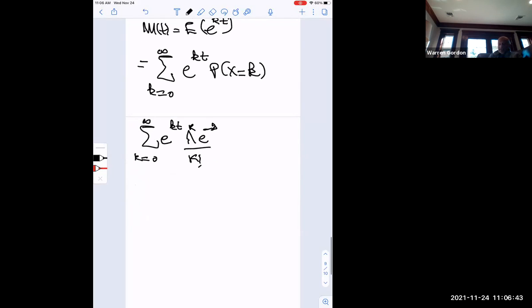I can take out the e to the minus lambda. And now I have e to the kt lambda to the k over k factorial.